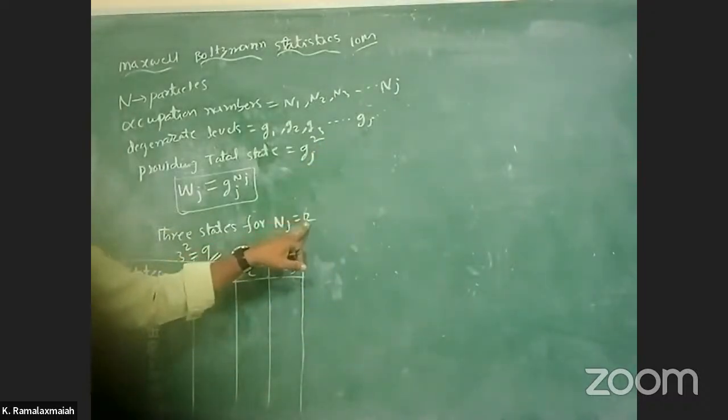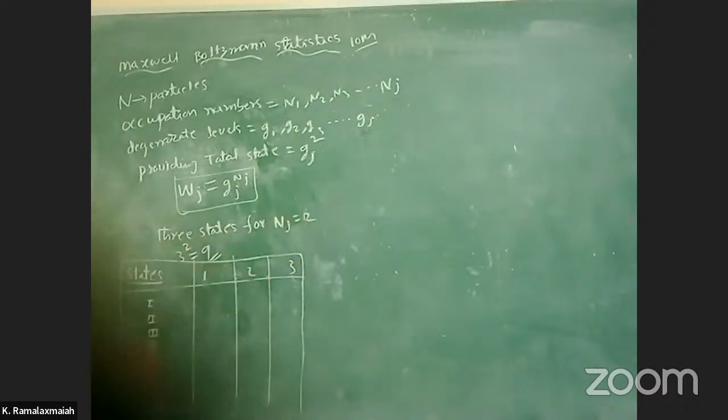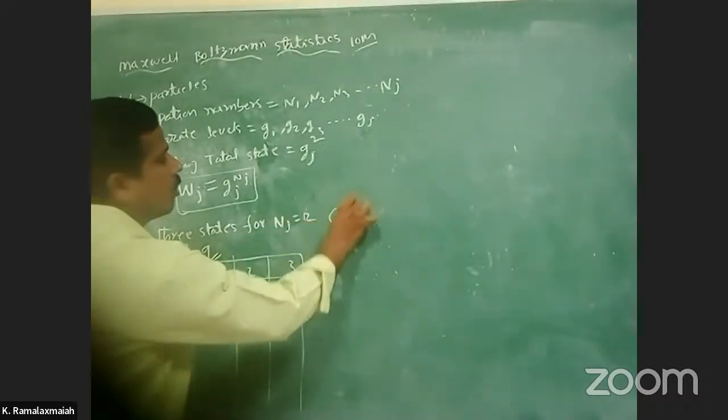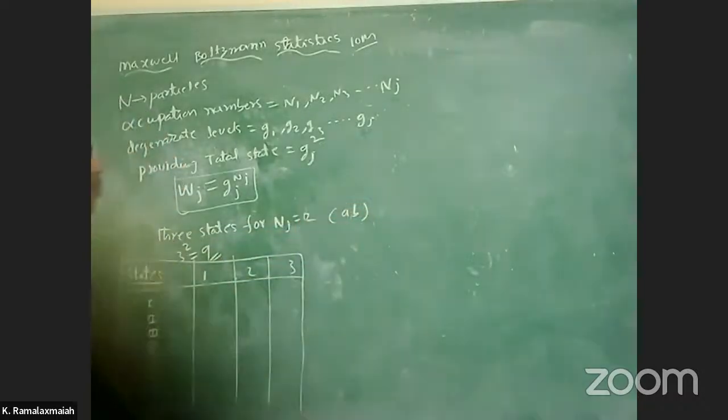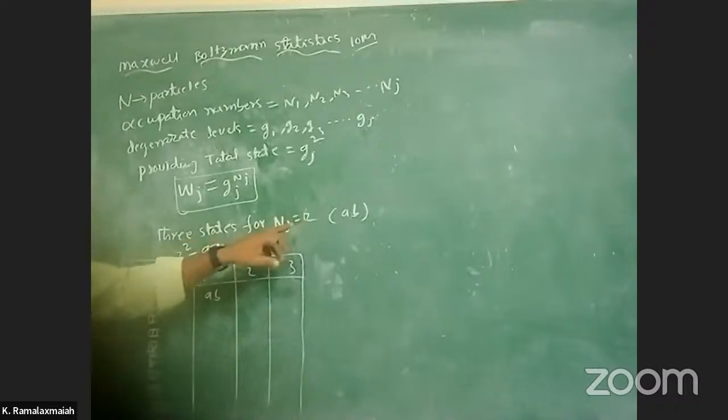Two particles, for example A and B. For the first state, we take the readings A, B. The second state value is also 2 square, which means 4.